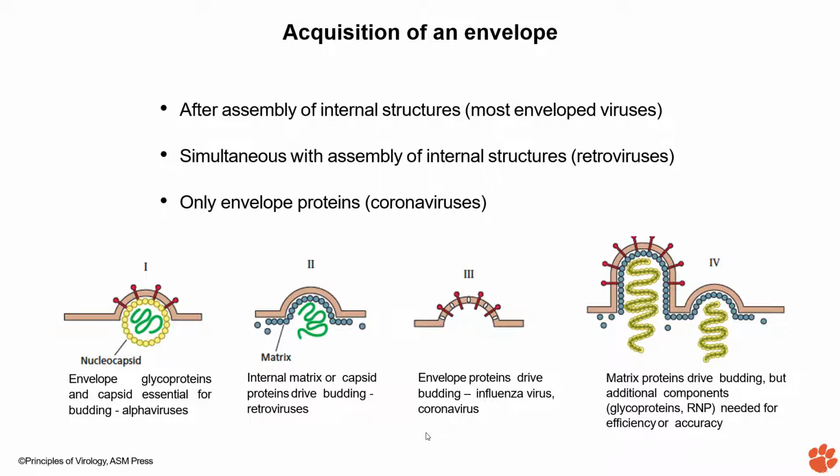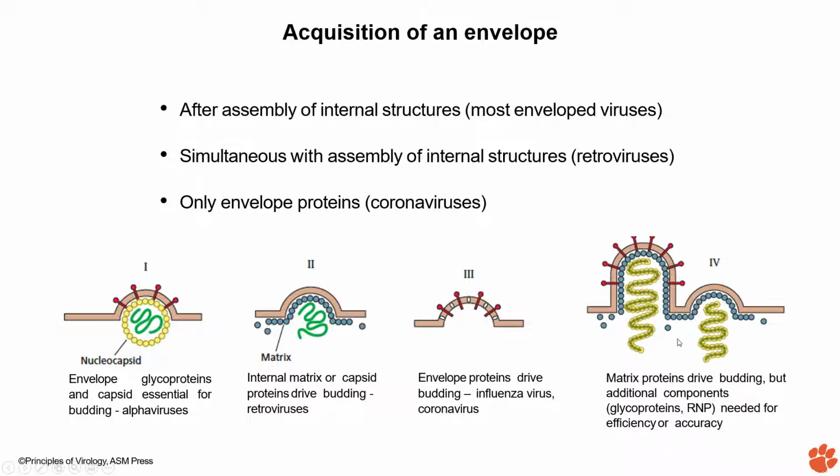So, a basic idea about the acquisition of envelopes. One example is that the glycoproteins and the nucleocapsid protein can help in the acquisition of the envelope. The internal matrix protein can also help in that. In retroviruses, we just saw the GAG polyprotein. And in influenza virus and coronavirus, just the spike proteins, or the hemagglutinin protein for the influenza virus, can form the bud.